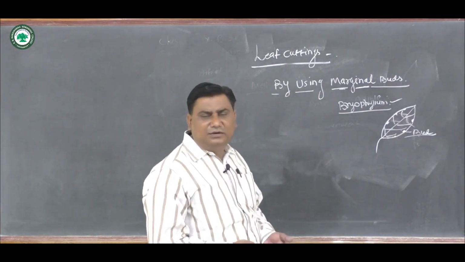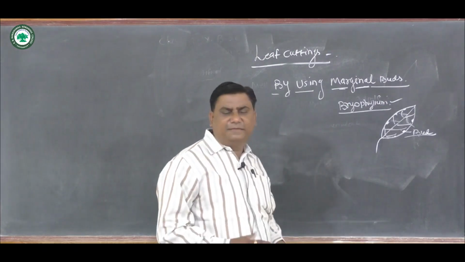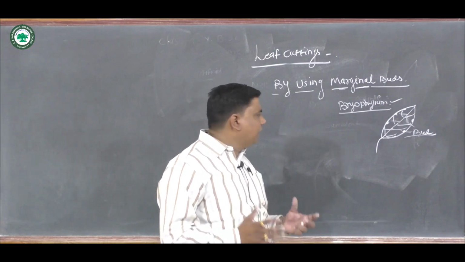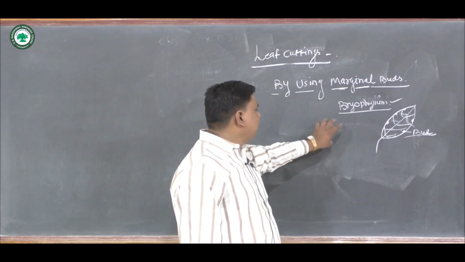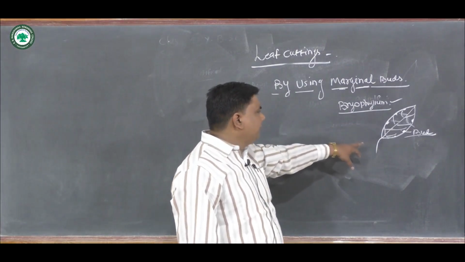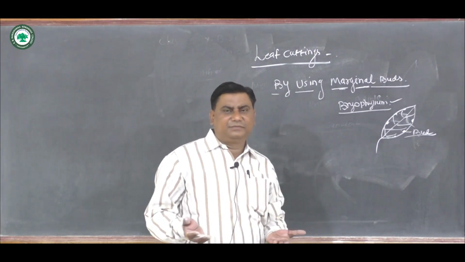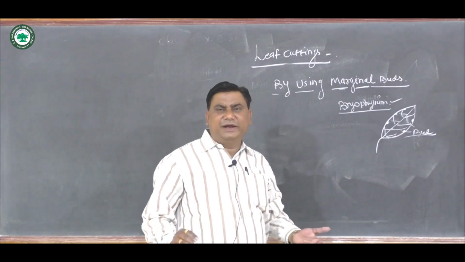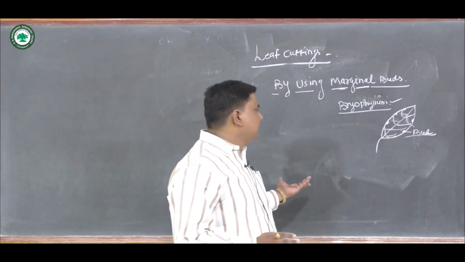So what will happen here? Select a mature or healthy leaf of the bryophyllum. What will be the procedure here? Select the healthy or mature leaf of the bryophyllum and place it flat on the surface of a raised bed or a pot.